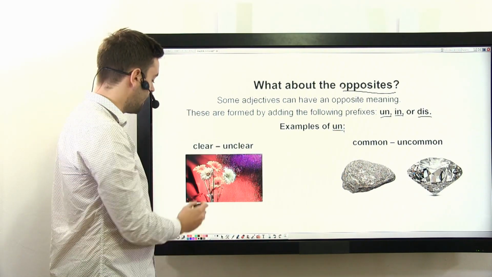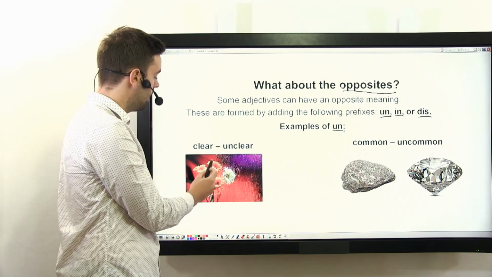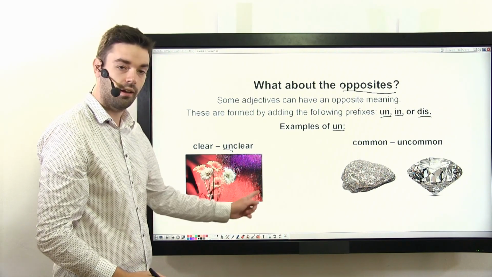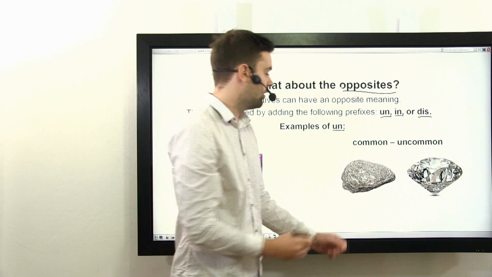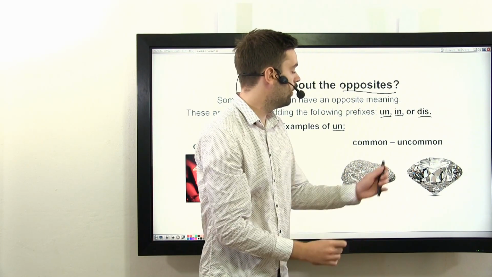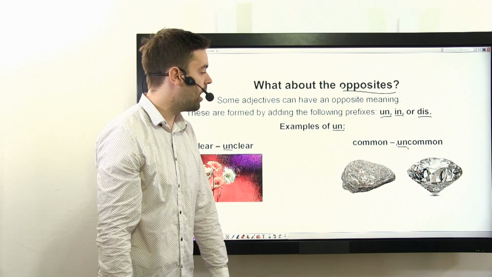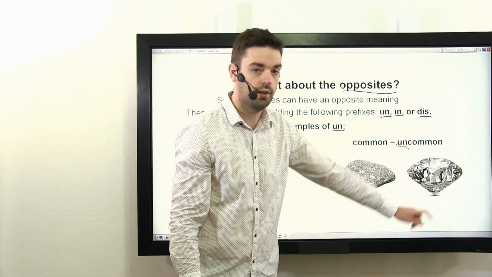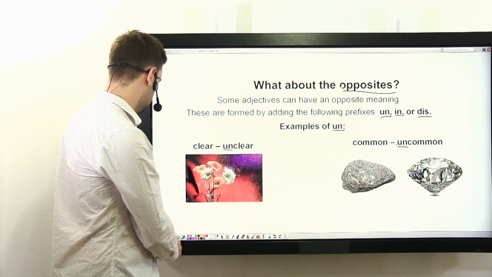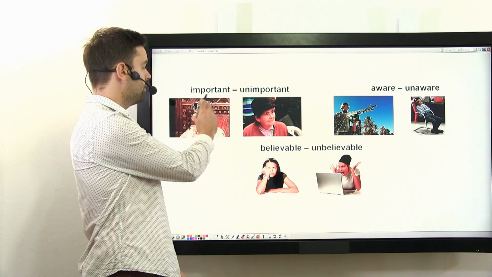So first, we can have clear, and then we can have unclear. We can have common, which is this rock is common, or we can have uncommon, like a diamond. Important.